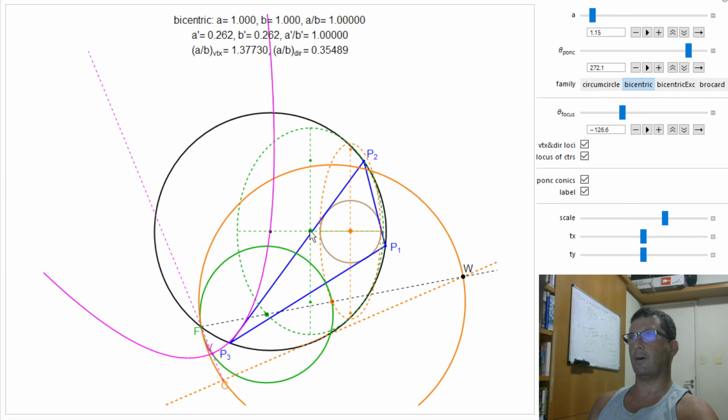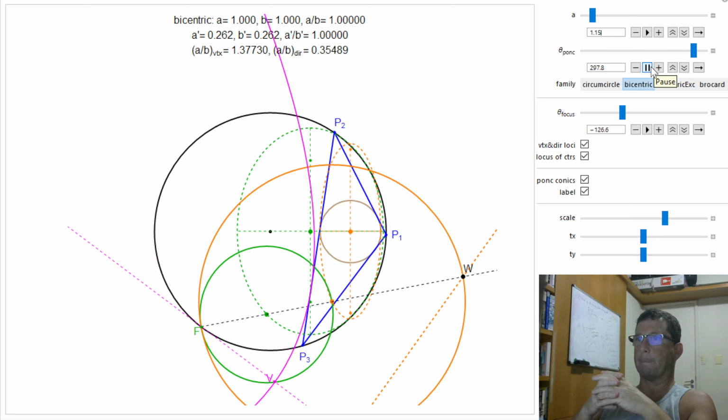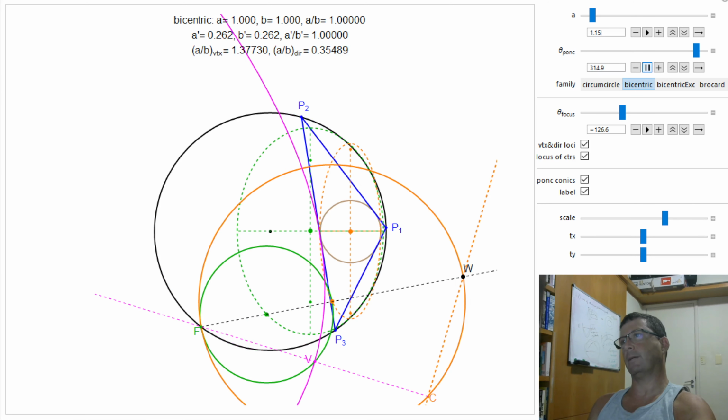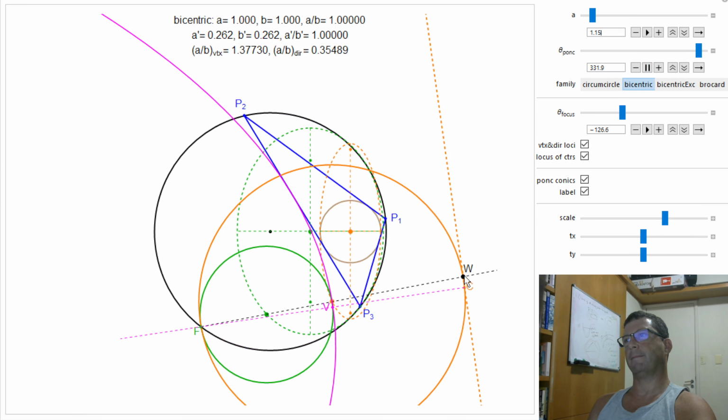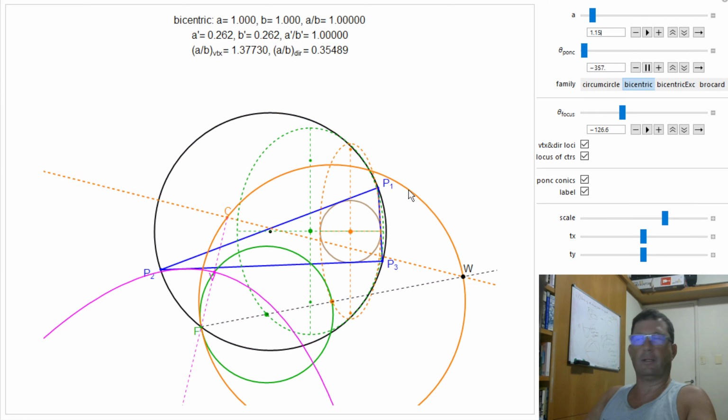The center of the dashed green seems to be the midpoint of the incenter and the circumcenter of the family. Okay, so this is very pleasing, and I'm going to finish with a surprise. You can see here that point W is still stationary, diametrically opposite to the focus with respect to the center of the solid green focus.